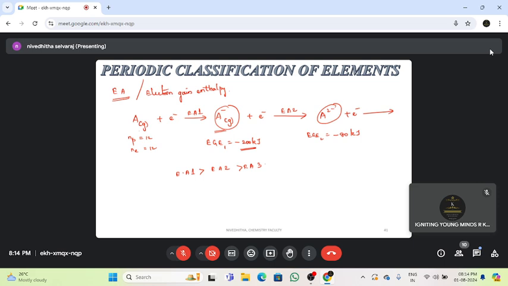In this case we cannot add the third electron itself; we may have to supply energy to add this electron to this anion. So the third electron gain enthalpy may be positive because we are supplying the energy. In most cases the first electron gain enthalpy will be negative because adding one electron to a neutral atom will not be a problem, but adding a second or third electron will definitely be difficult. So successive electron gain enthalpies will be less negative or sometimes positive also.